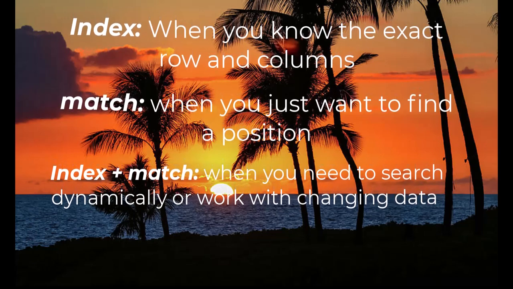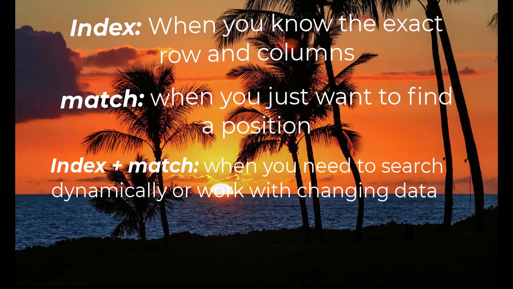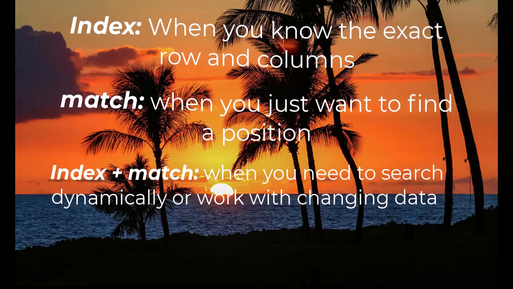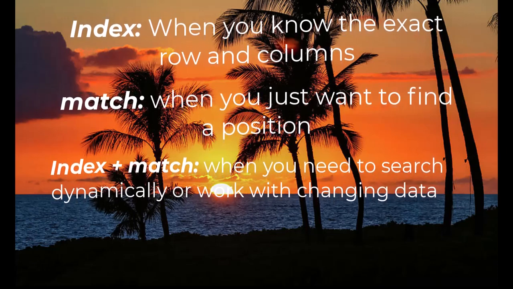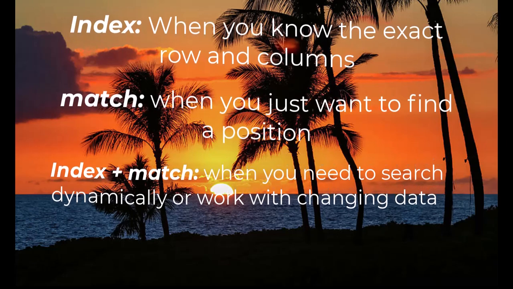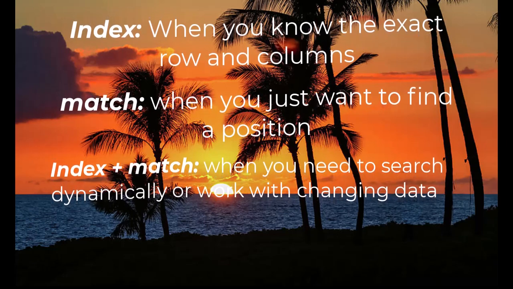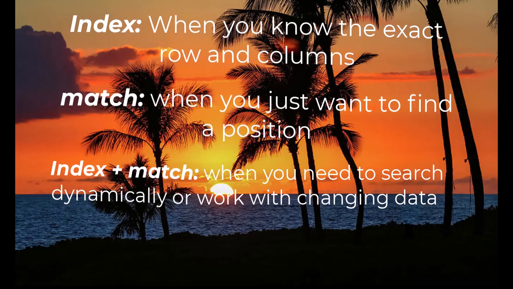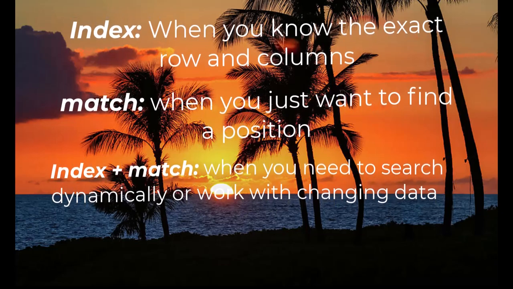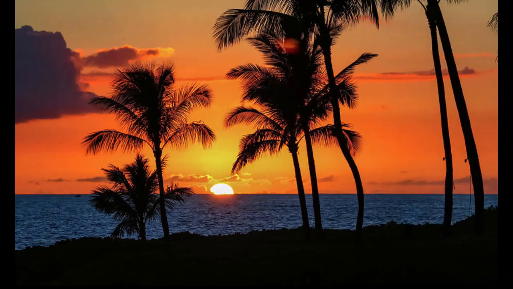We use MATCH when you just want to find a position. Then we use INDEX plus MATCH when you need to search dynamically or work with changing data. So now we will go into the example to show you how to apply all of these formulas.